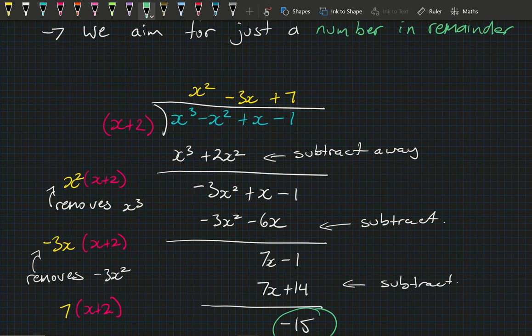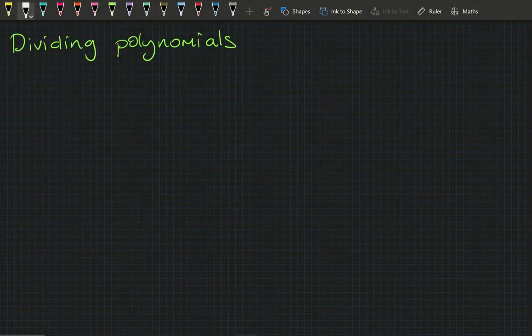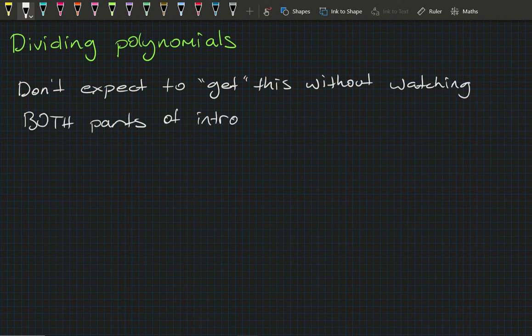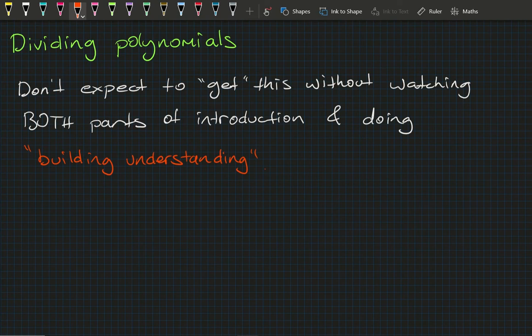All right, let's get on to the next section where we'll do another one of these examples. Okay, I don't expect you to actually get this without watching both parts of the introduction and doing the building understanding section. All right, so I'm going to explain this formally and then do a couple more examples.